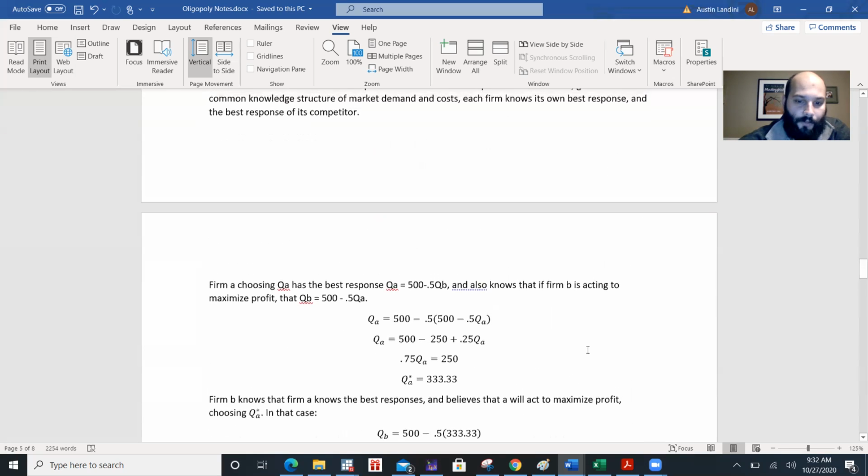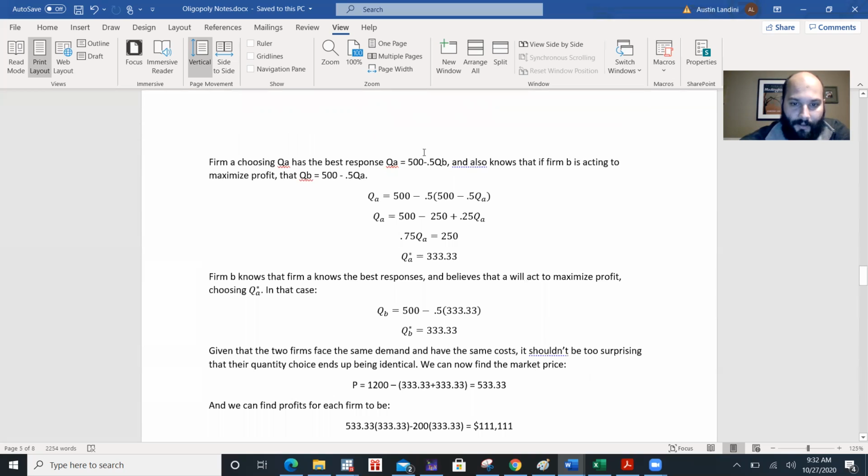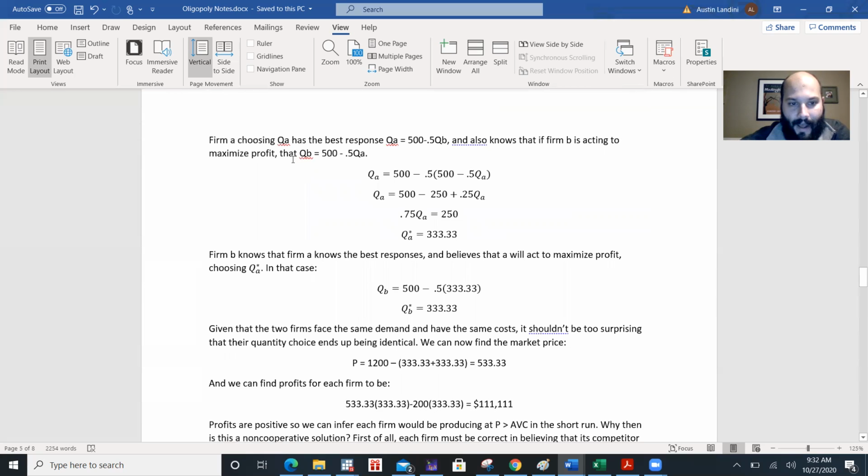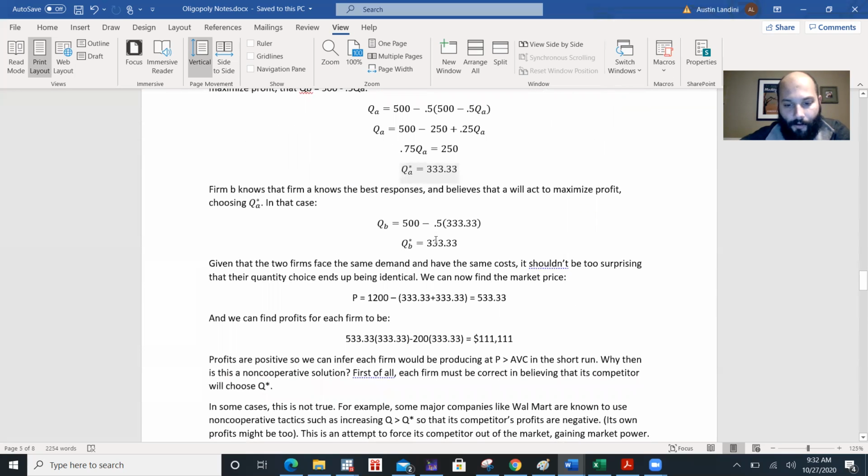So here we've assumed that each company knows the other's best response function, which we derived. If each company is acting to maximize profit, then they'll make this choice. We can plug in and solve. But we have to address the case of what might happen if a company did not act to maximize profit. They acted with some other goal in mind.